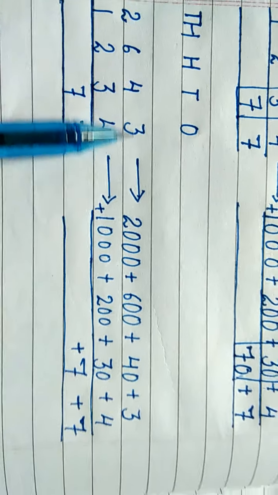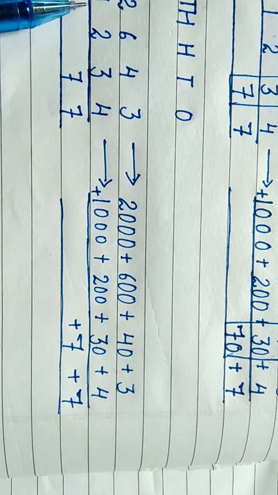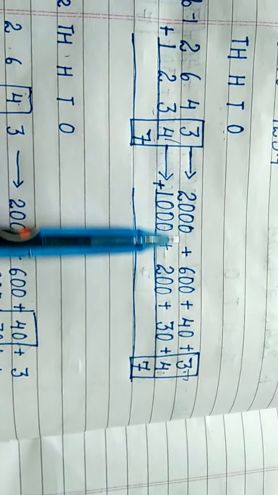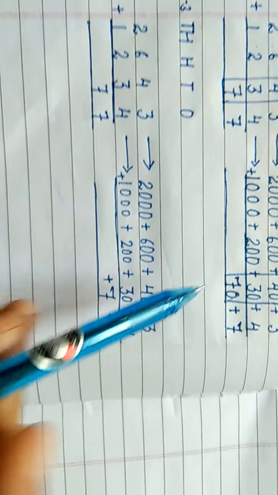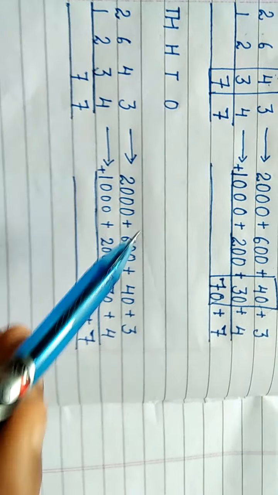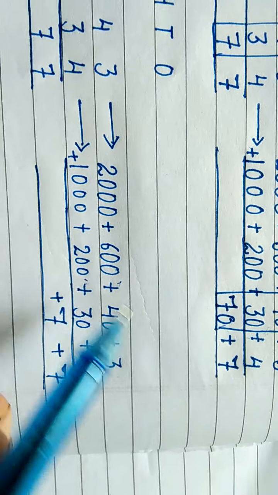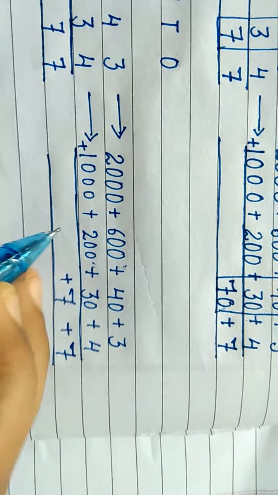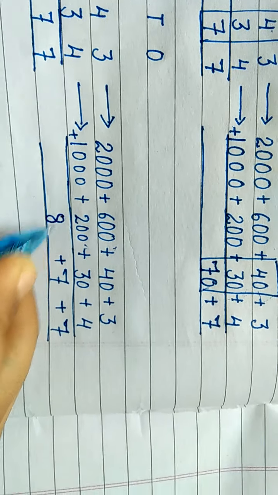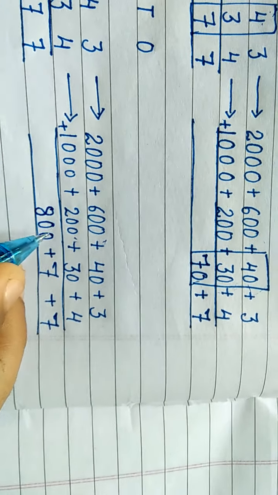Next, step 3. Now you can see that I have written step 3 like step 1 and step 2. Now we will add the hundreds place in expanded form. 600 plus 200 is equal to 800.